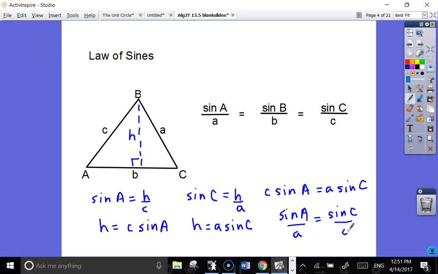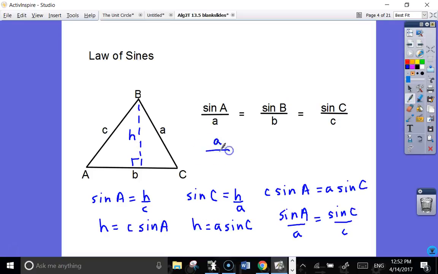Right? So when we're solving triangles using the law of sines, if the thing you're looking for is an angle, then using the law of sines, like I've got it written there, is useful because the angles are all in the numerator. But if the thing you're trying to solve for is the side, you could make an alternate version of this and instead just flip all those fractions.